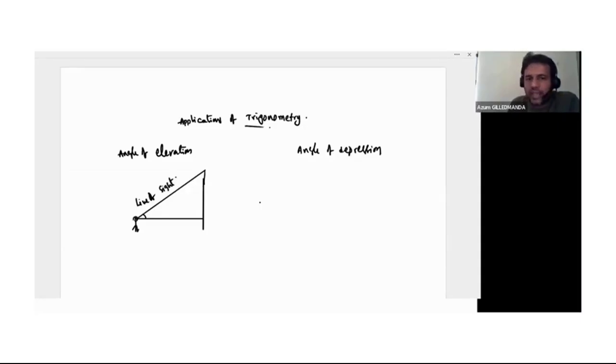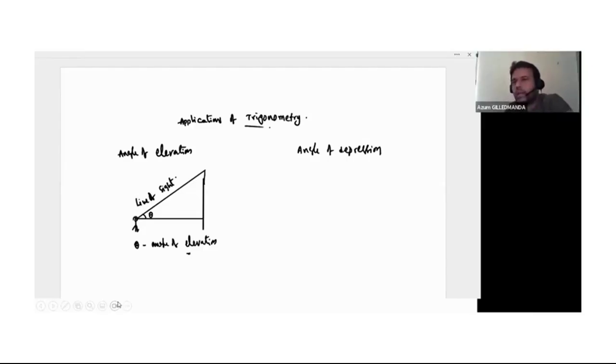And this angle, angle A or angle theta, is called the angle of elevation. So when you are looking at the top of some object, that is your angle of elevation. Understood? This is the line of sight, and this is the angle of elevation.